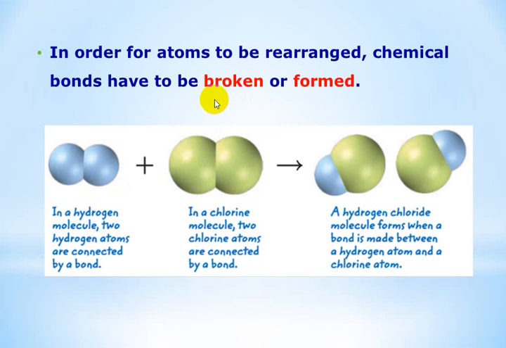The second step, after breaking the bonds, each hydrogen atom forms a new bond with each chlorine atom. Here a new bond is formed, and also here a new bond is formed. So this is a hydrogen chloride molecule, and this is a hydrogen chloride molecule. So the hydrogen molecule reacts with the chlorine molecule to form hydrogen chloride. Clear?